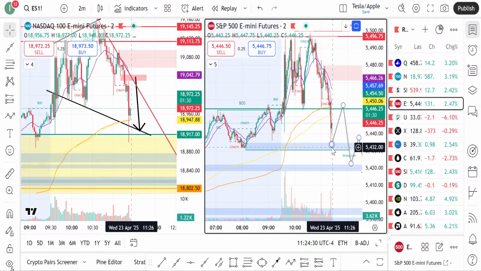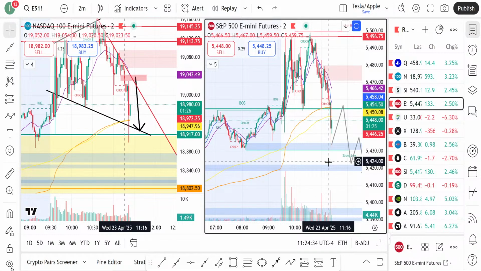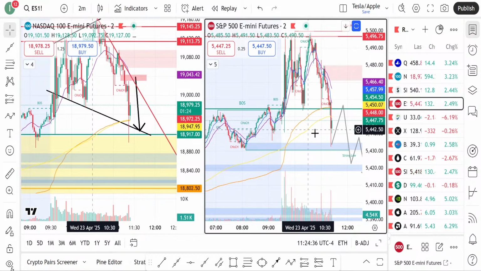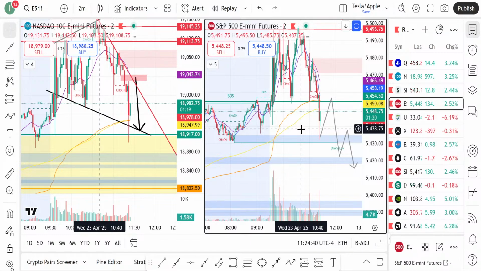We're reacting to this demand zone here. We're getting a bit of a bounce. Did anybody catch that?